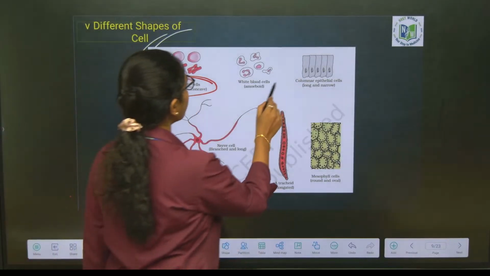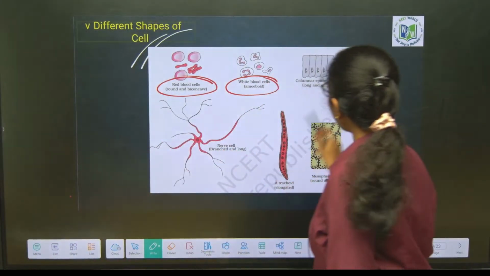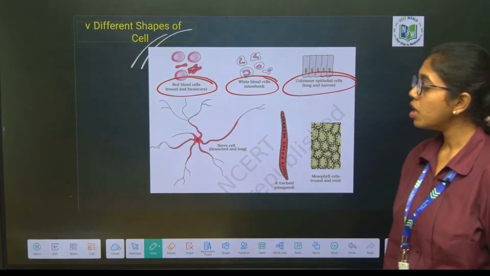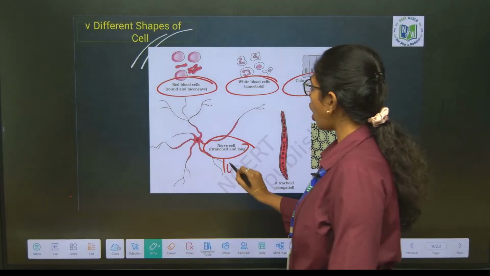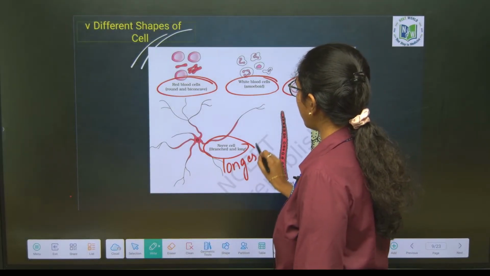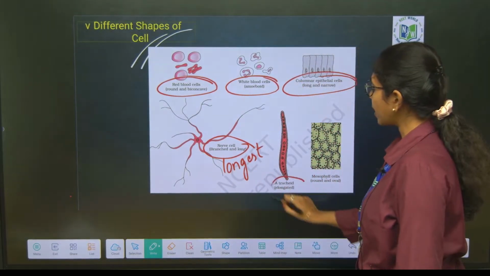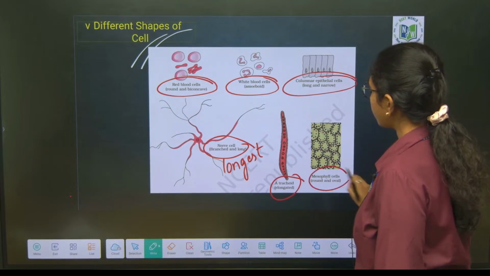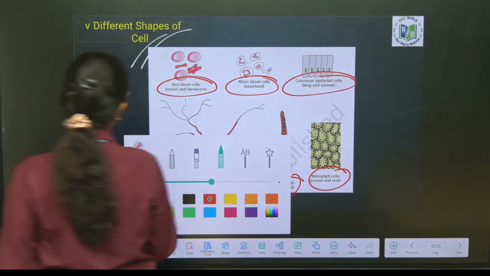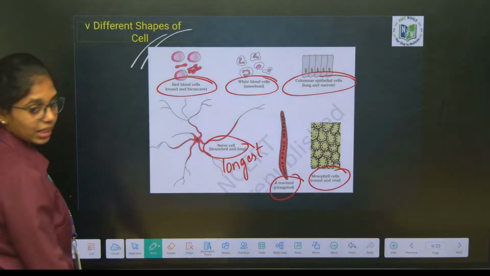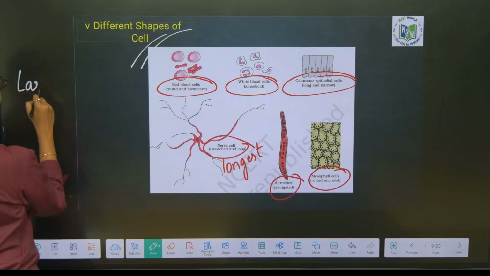White blood cells are amoeboid. Columnar epithelial cells are long and narrow. Nerve cell is branched and long. Nerve cell is the longest cell, remember. Tracheid is elongated. Mesophyll cells are round and oval. Fine. So here you have to highlight three things, beta. Longest cell is the nerve cell. Largest cell is what?